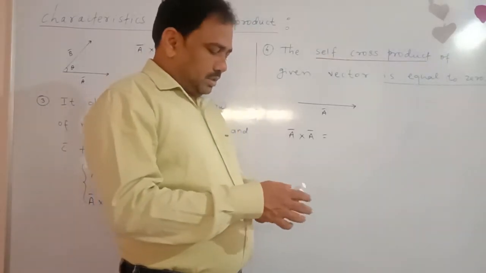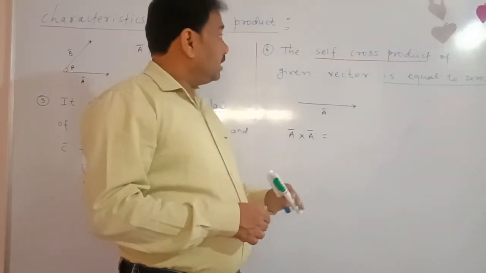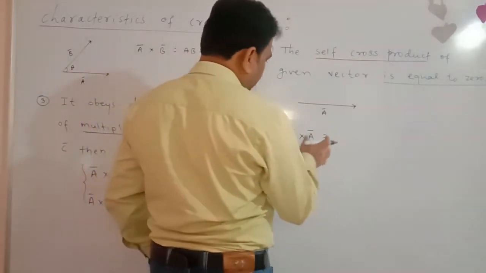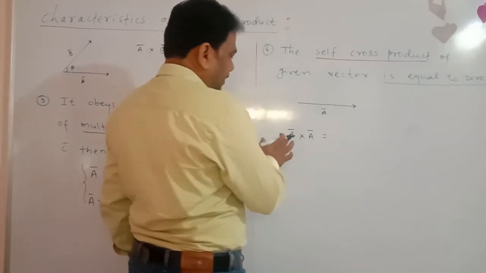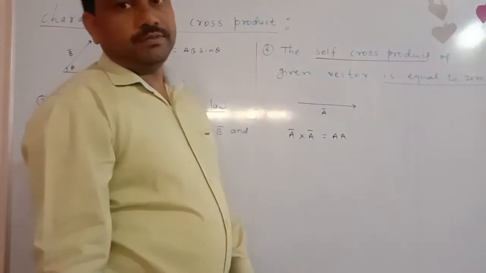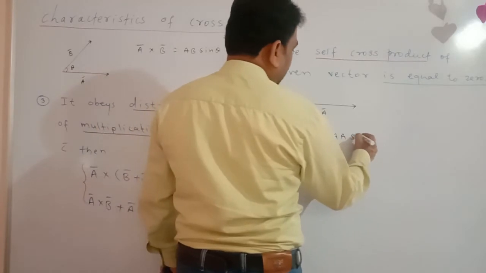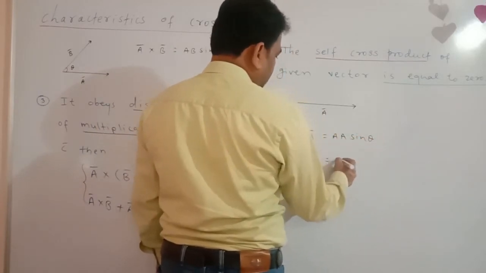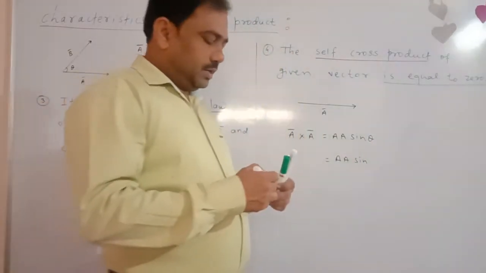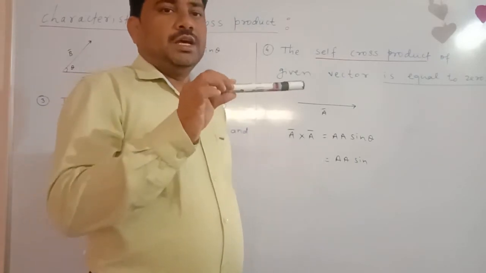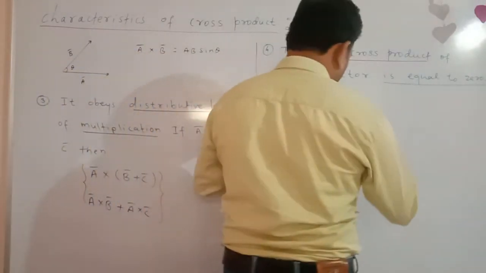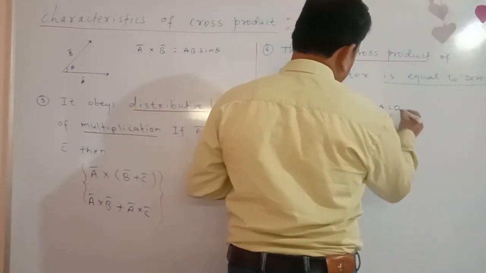For that purpose, first of all write their cross product. First write down the magnitudes of the given vectors. The given vectors are vector A and vector A, therefore we write AA, the magnitudes of the vectors. Then we write sine theta, so AA sine theta. There is no angle of inclination because only one vector is there, that is vector A. Due to a single vector there is no angle of inclination at all, so theta is equal to 0.